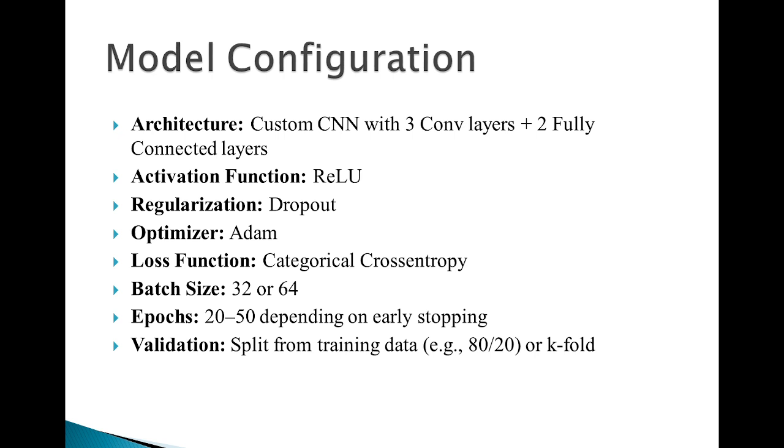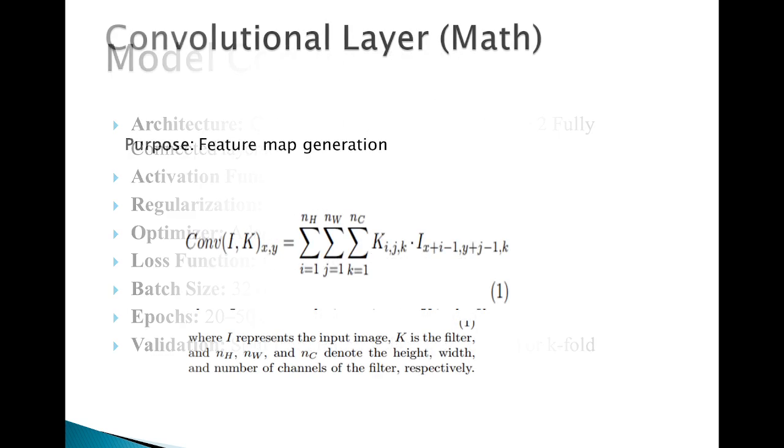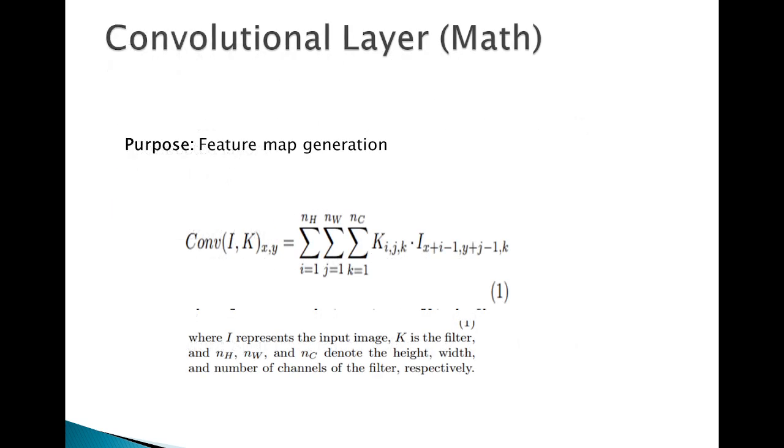The batch size is 32 or 64, and epochs are almost 20 to 50, with early stopping. They split the training data 80 by 20 or use k-fold for validation.